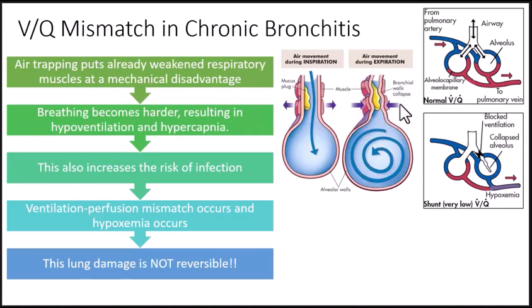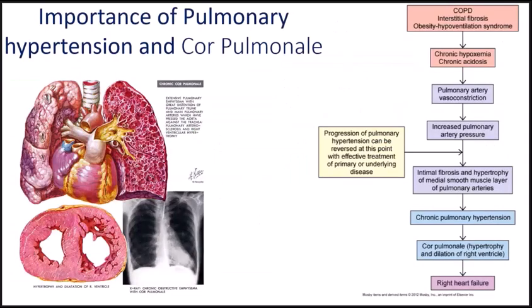And this environment that occurs with chronic bronchitis does put somebody's risk of infection up as well. So we know that COPD consists of these overlapping conditions called emphysema and chronic bronchitis. And in one of our earlier lectures talking about heart failure, we looked at the development of cor pulmonale and right heart failure.